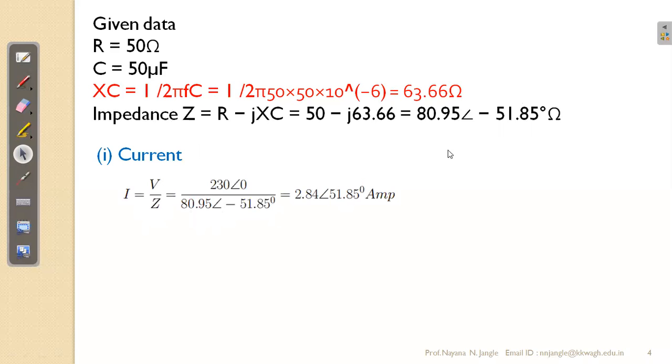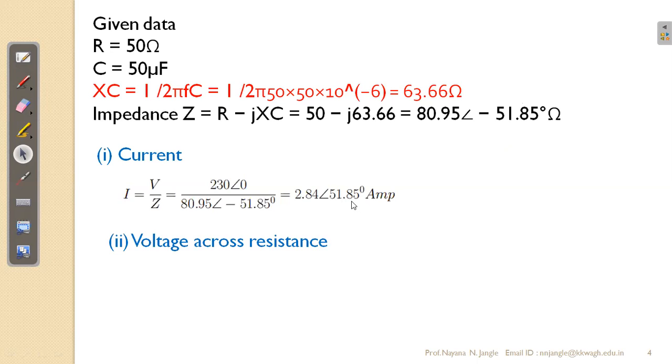After calculating this you will get current 2.84 at an angle 51.85 degree. Again, this 51.85 degree is nothing but your power factor angle phi.